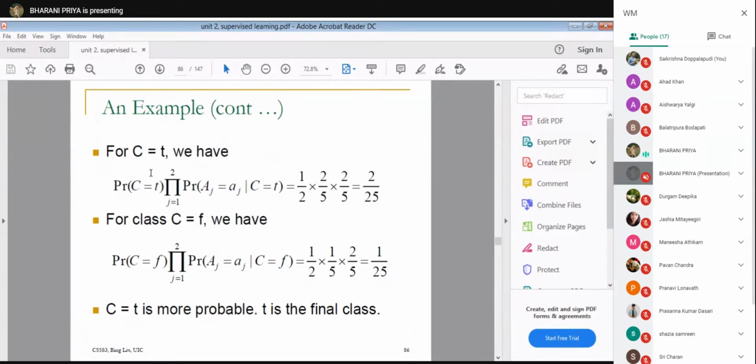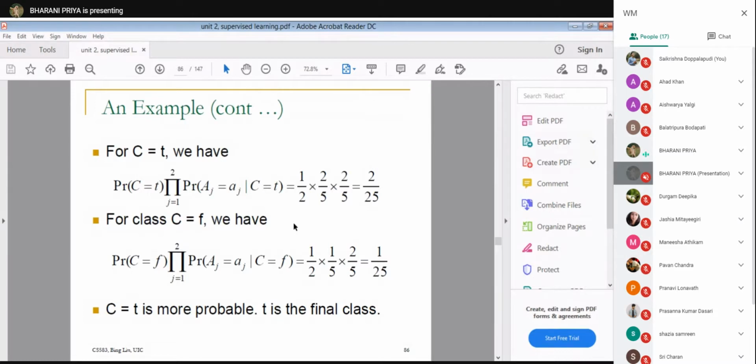For finding the C value, we need to find the probability when C is equal to T and the probability when the class value is equal to false. It's the product of all the values.